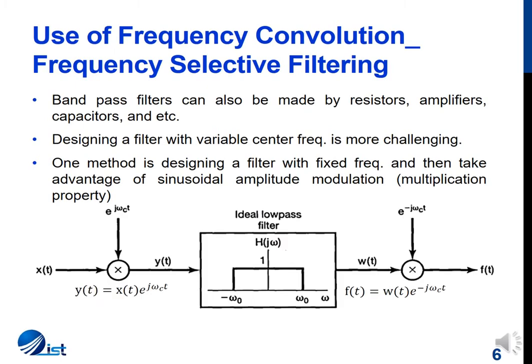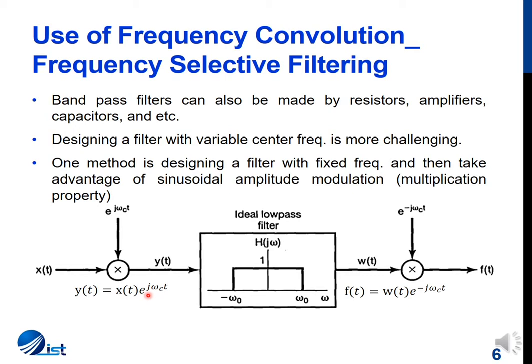For example, we have an input signal x of t and it is being multiplied by an exponential e to the j omega c t. Multiplying it by this exponential gives us the output signal y of t, and by virtue of multiplying this signal by the carrier frequency omega c, the Fourier transform of the signal, Y of j omega, will be shifted from the frequency of x of t to the frequency of this complex exponential.